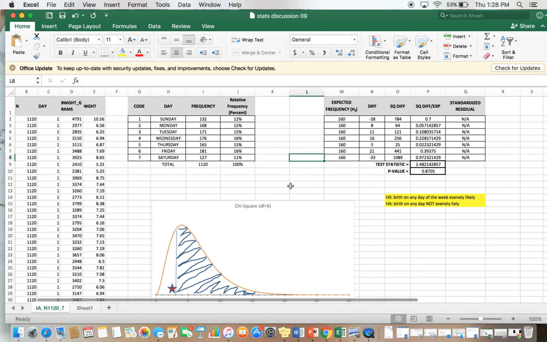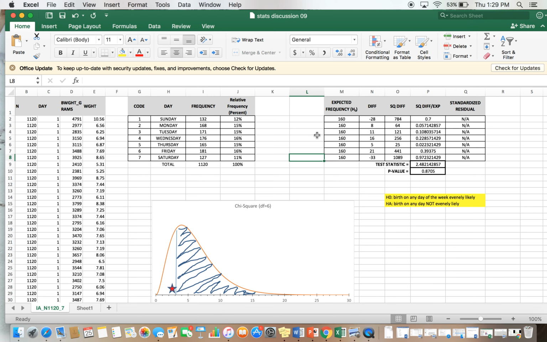So we take all of our frequencies and our expected frequencies. The expected frequency would be 160 births per day of the week, and that would be about 14% if we're thinking of that in terms of percentages.